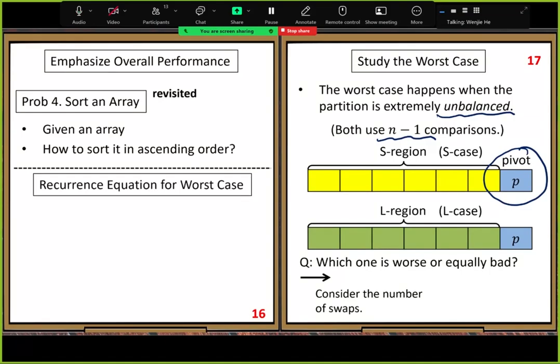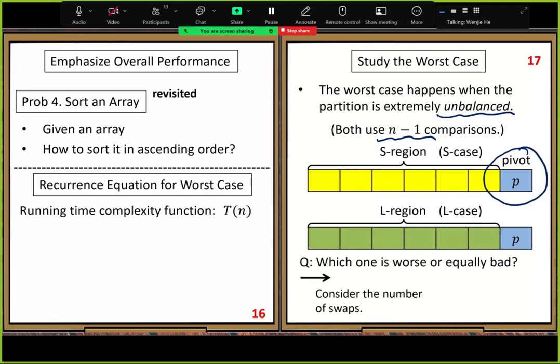So, the recurrence equation for the worst case running time complexity function, with just one size reduction each time. We use T of n to represent the number of comparisons for the whole quicksort, from beginning to end.